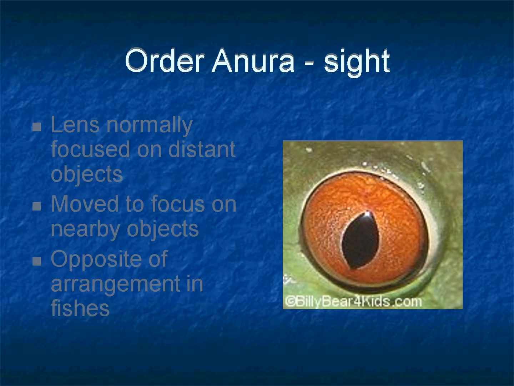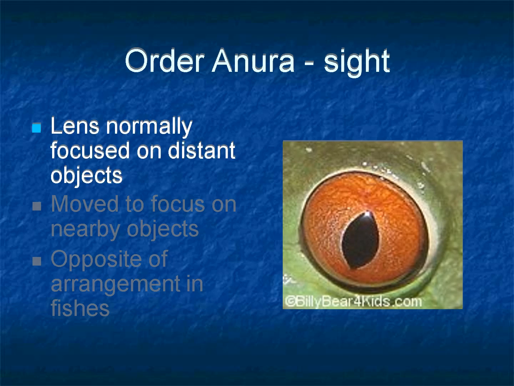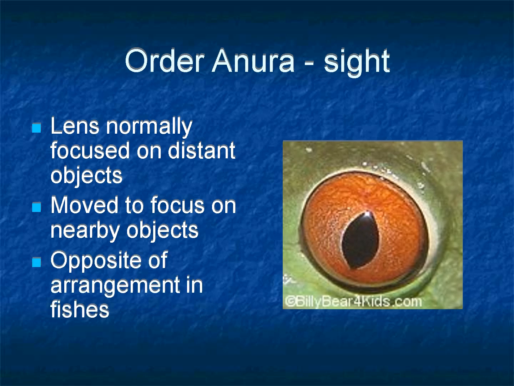In fishes, you might remember the moving of the lens for adjusting focus for near and distant objects. But in the case of amphibians, the lens at rest normally focuses on distant objects and moves to focus on nearby objects, which is a completely different mechanism than in fishes.